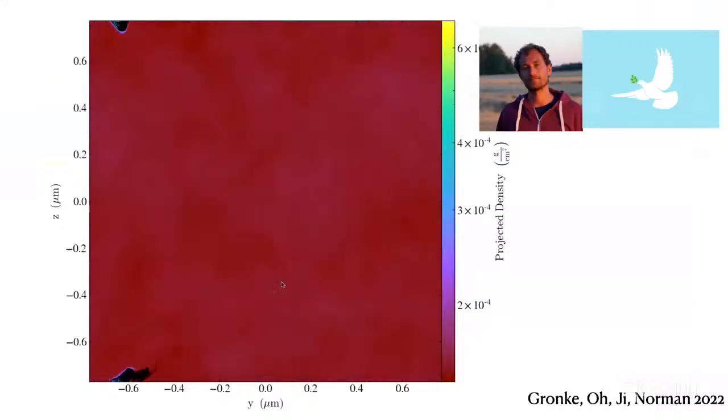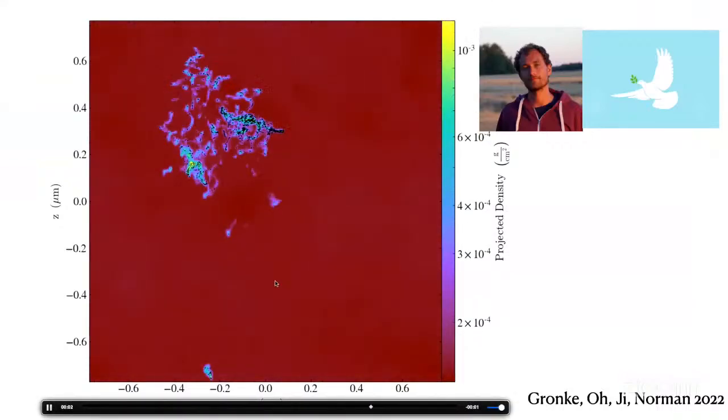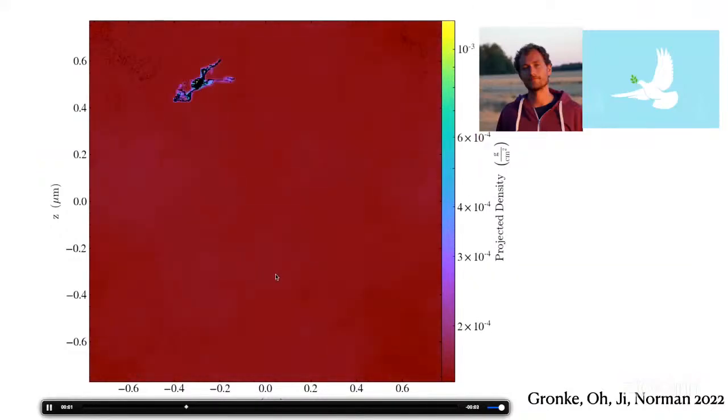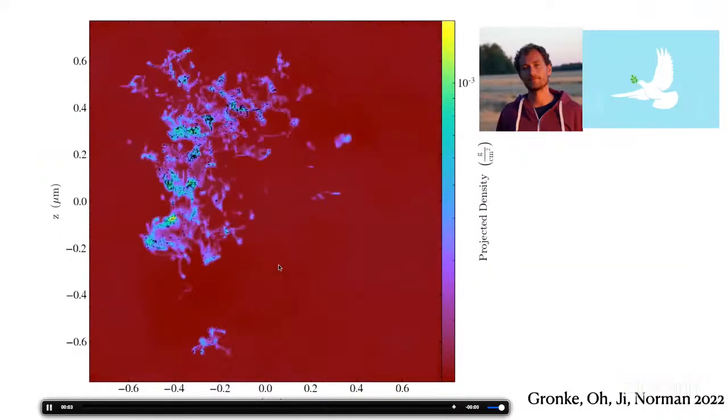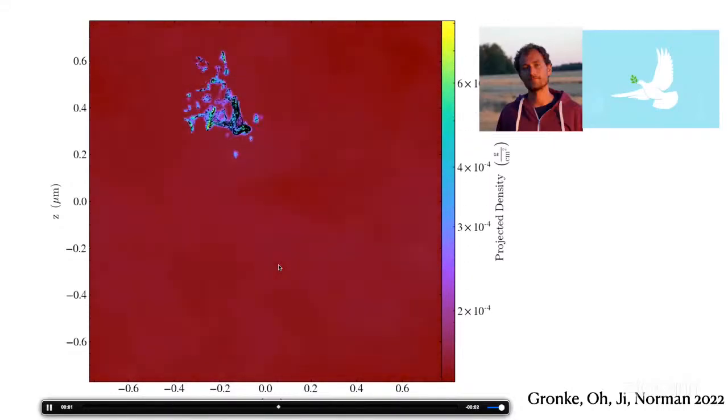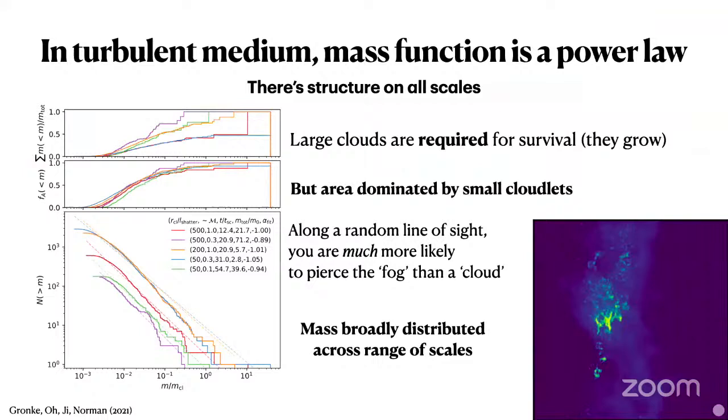This is a simulation where you run a turbulent box with radiative cooling and this cold gas. And you see a lot of structure forming. If you look at the mass function of this stuff, it's more or less a scale-free power law.